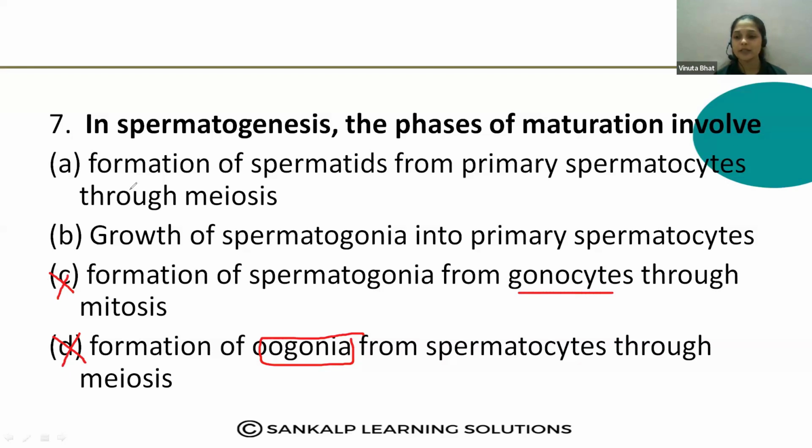So here option A or B, seventh one answer. The phases of maturation: formation of spermatids from the primary spermatocytes through meiosis, growth of the spermatogonia into primary spermatocyte. What is the correct answer?